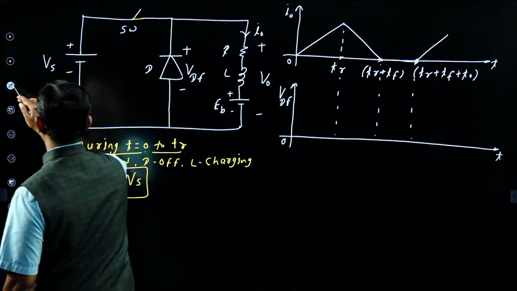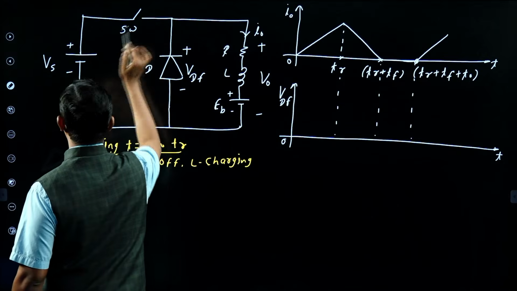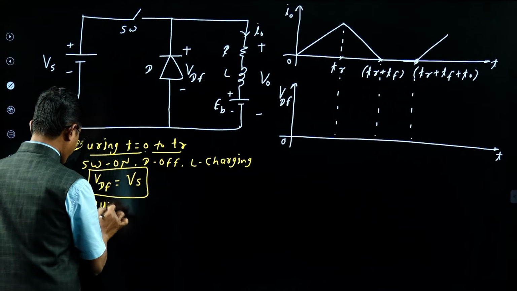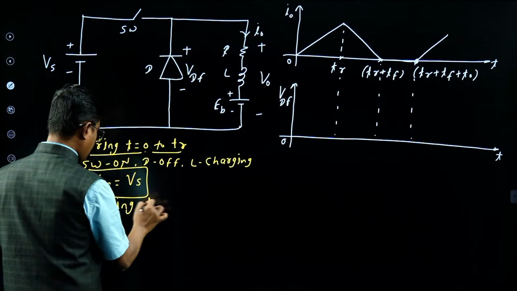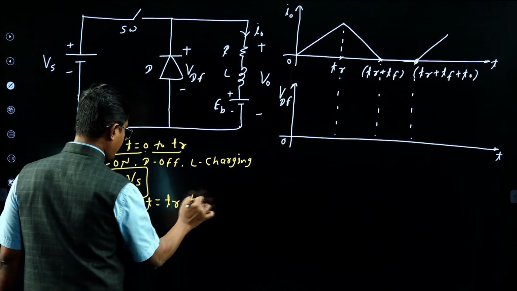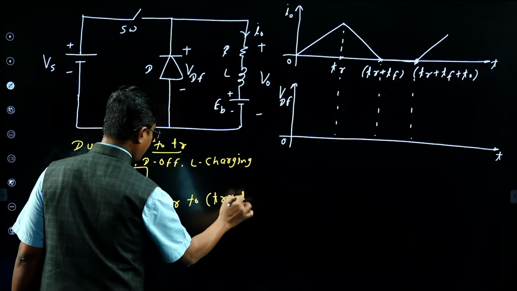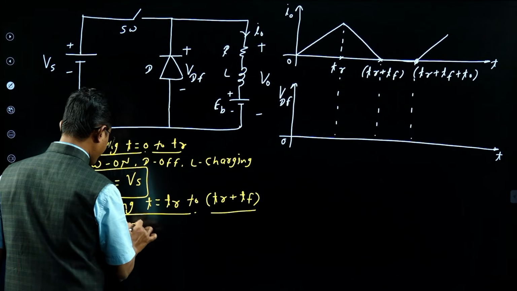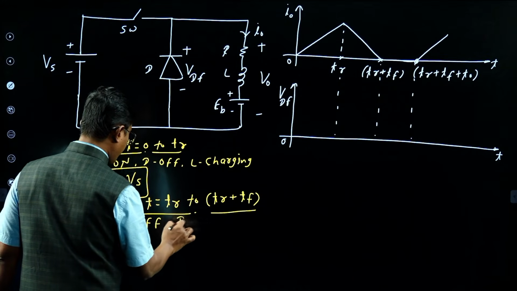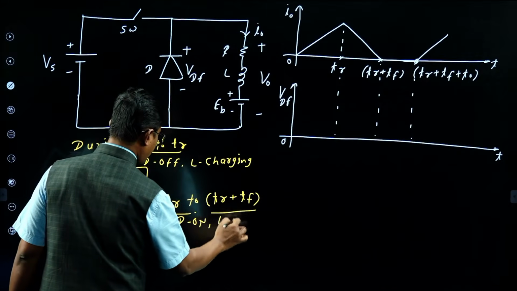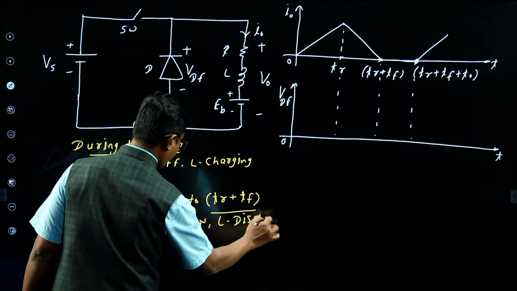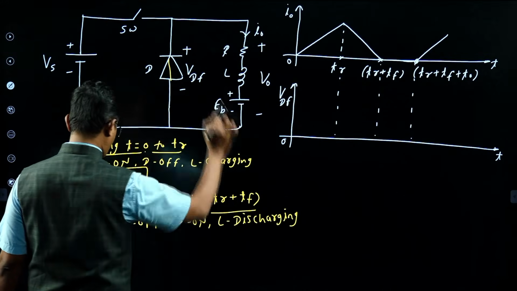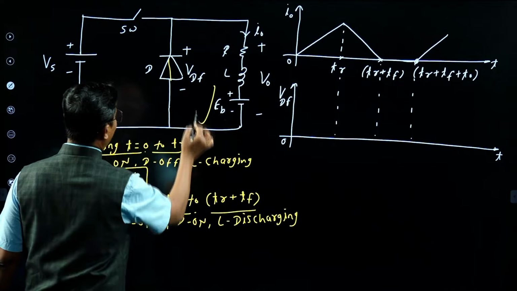So during T equal to TR plus TF, switch will be in off state, diode will be in on state, inductor will discharge. Like this, your inductor will discharge.